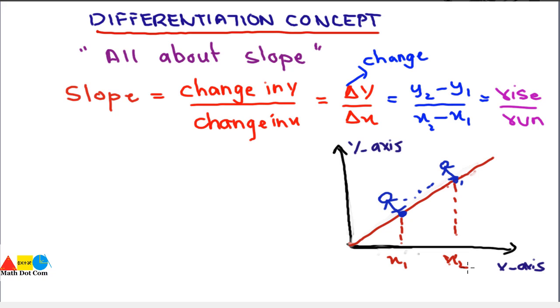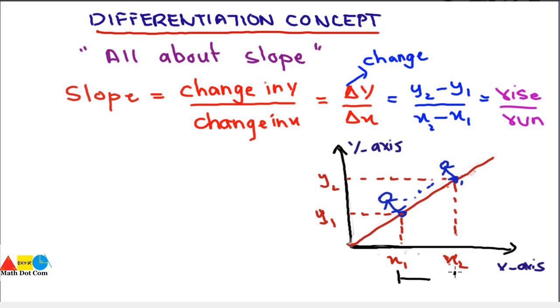But what about the vertical distance? Vertically you were at point y1 initially, and after you moved a bit you reached a point that is y2. So you have covered a distance in the horizontal as well as in the vertical position. It means you definitely have a slope at this point.